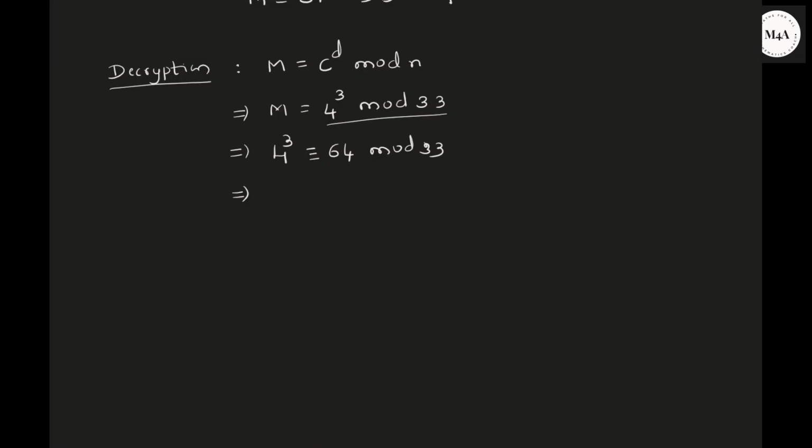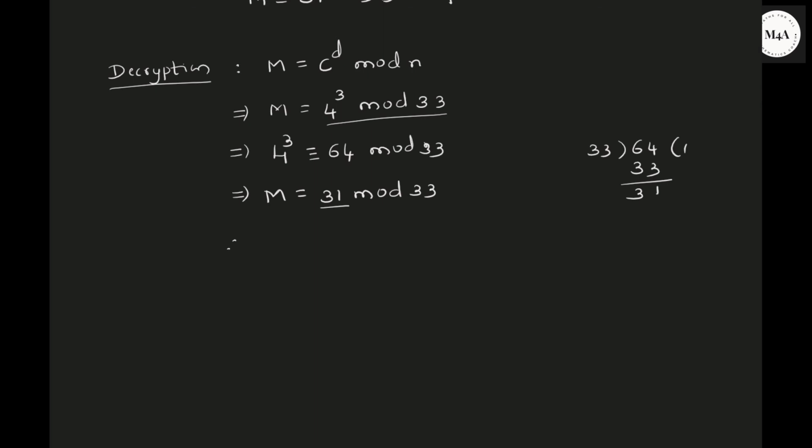When you divide 64 by 33, what is the remainder? The remainder is 31. So we can write M as equal to 31 mod 33.